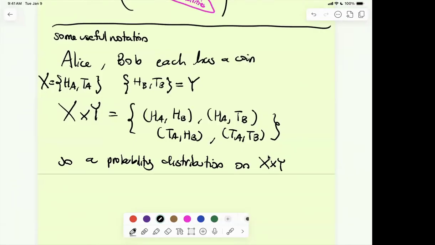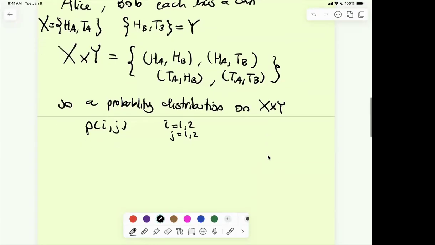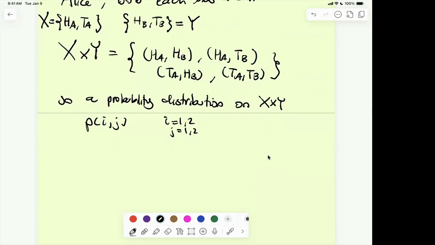It's a function of Bij, kind of the same notation as before, but now I and J go from 1 to 2. If you arrange them into a matrix, you could think of heads as being the first column.